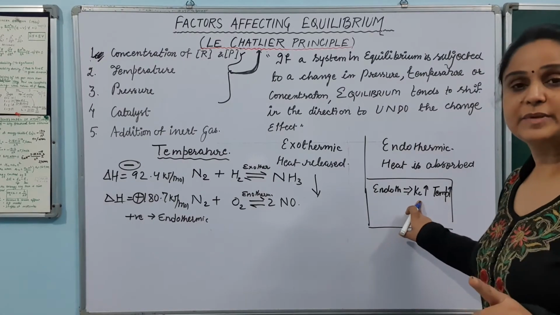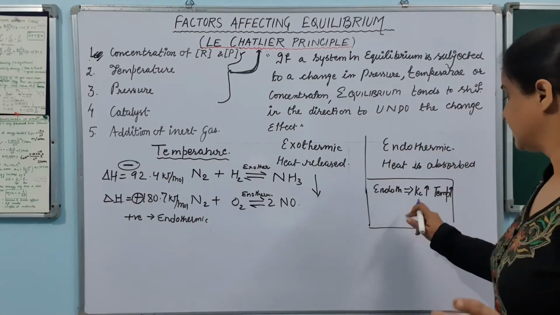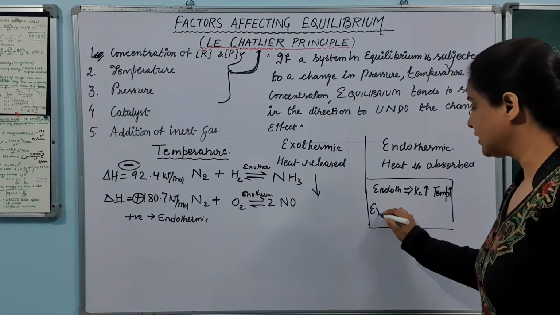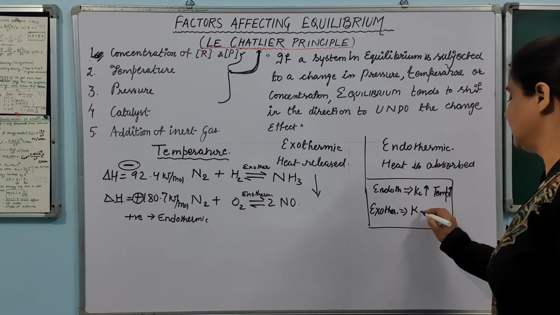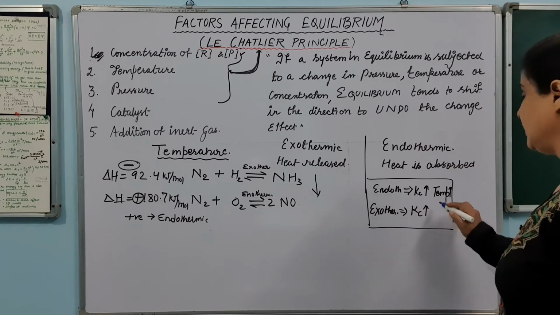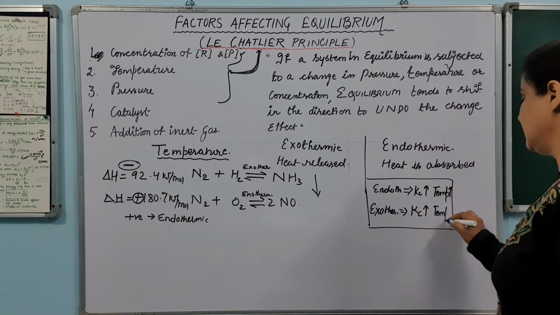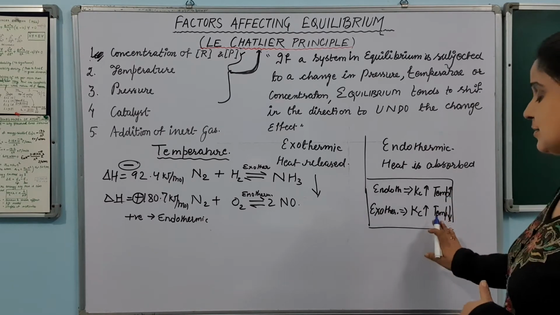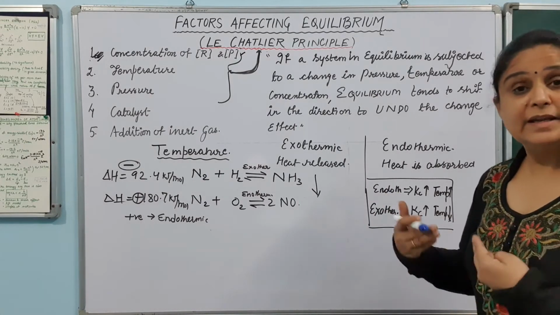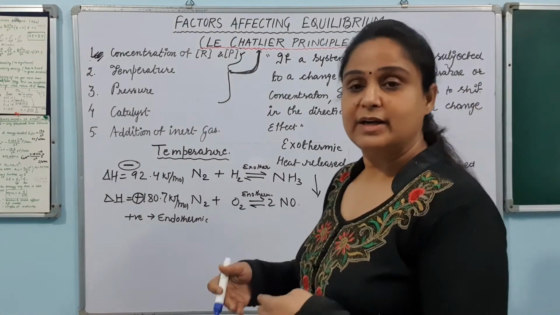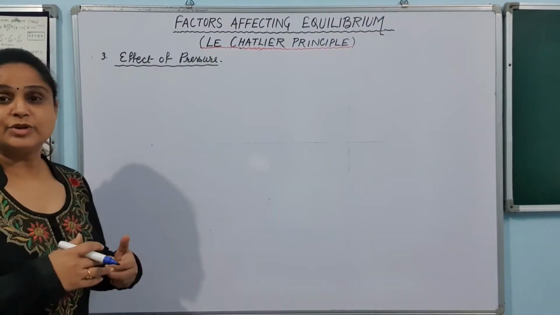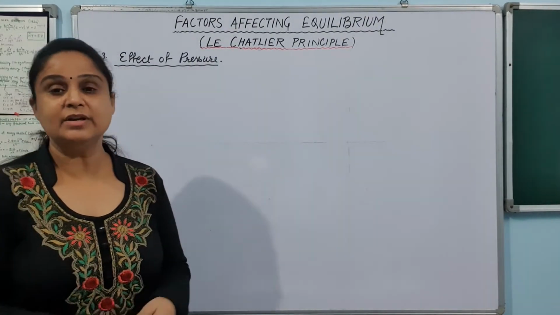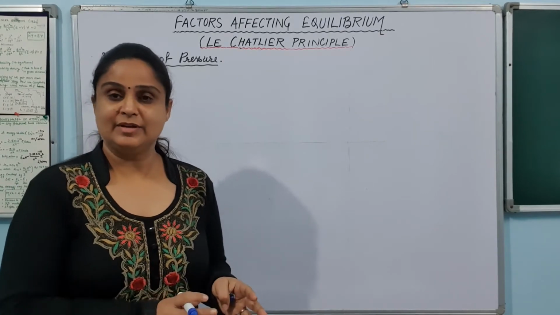Kc increase होने का मतलब है आपका प्रोडक्ट इंक्रीज कर रहे हैं. अगर आपका रिएक्शन इज एक्सोथर्मिक तो Kc will be increased only when you decrease the temperature. क्योंकि टेम्परेचर बढ़ाएंगे तो वो कंफर्टेबल नहीं करेगा रिएक्शन, बिकॉज ऑलरेडी इट इज रिलीजिंग द temperature. ठीक है.